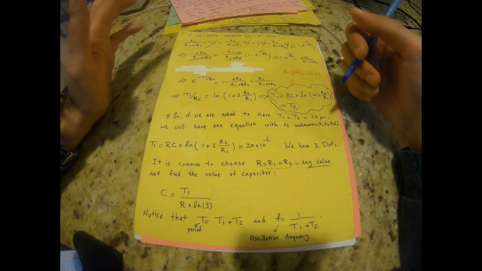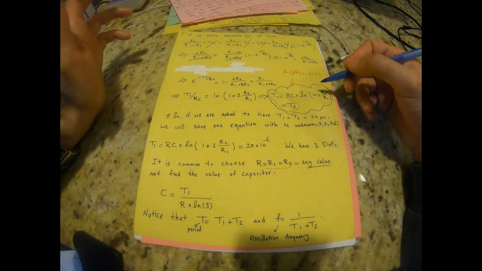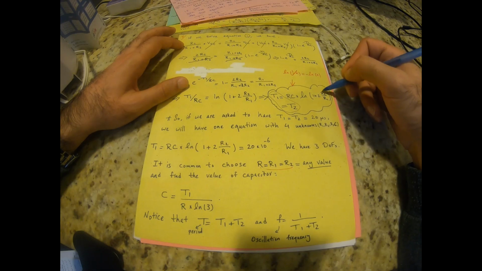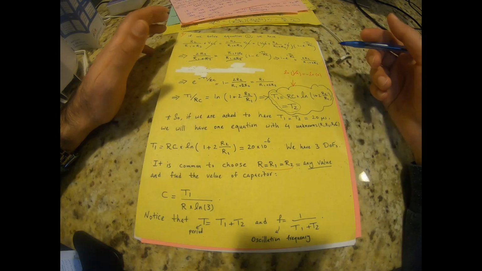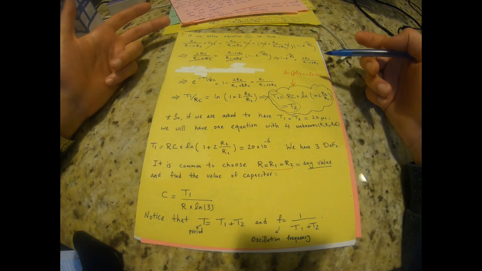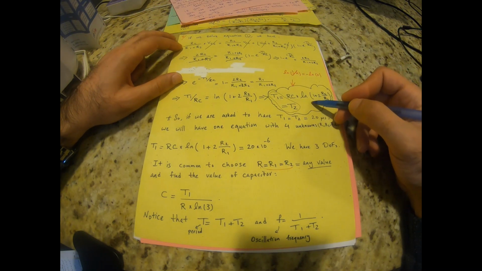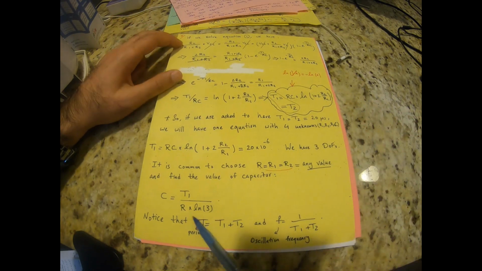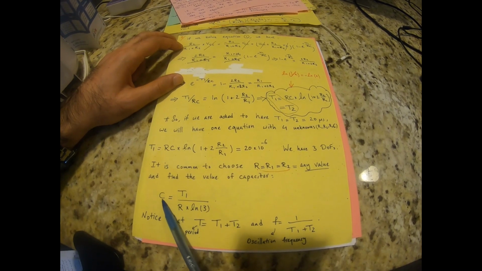One way to solve this is making all these resistors the same. If we make R1 and R2 the same and equal to R, it means we're using 3 of the same resistors, then this equation gets simplified. This just becomes 3, and by choosing any value for R, you can find what capacitor you need.